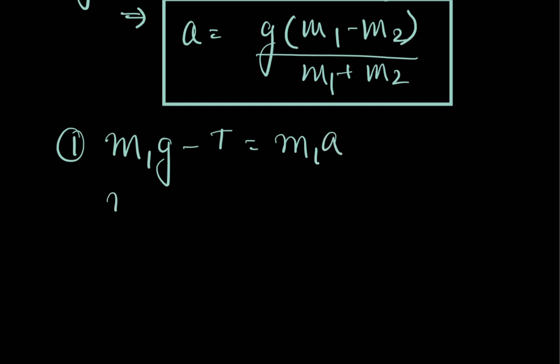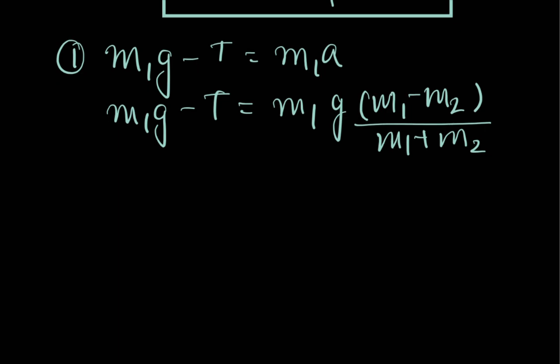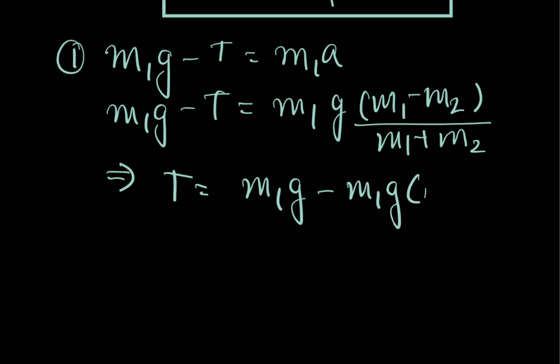If we substitute the acceleration, m1 into a, that is m1 times g(m1 minus m2) upon (m1 plus m2). Therefore T is m1g minus m1g(m1 minus m2) upon (m1 plus m2).